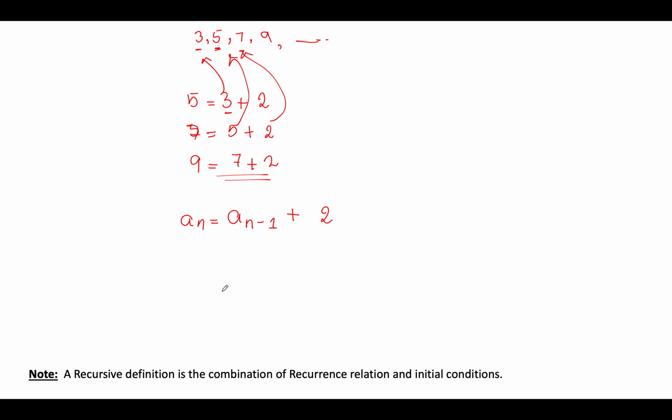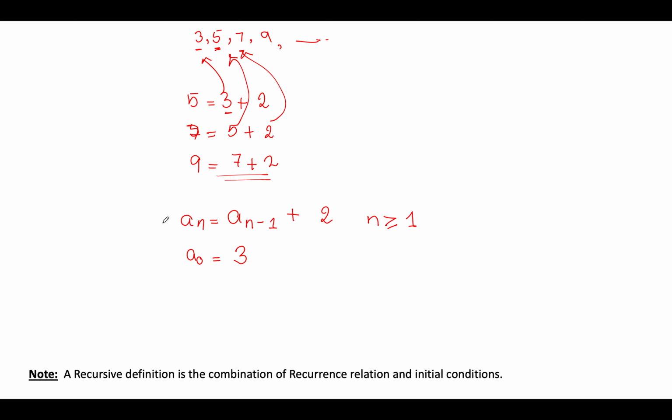And here we got that the initial condition a_0 is equal to 3. So we can start from 1. And here we got the recurrence relation.